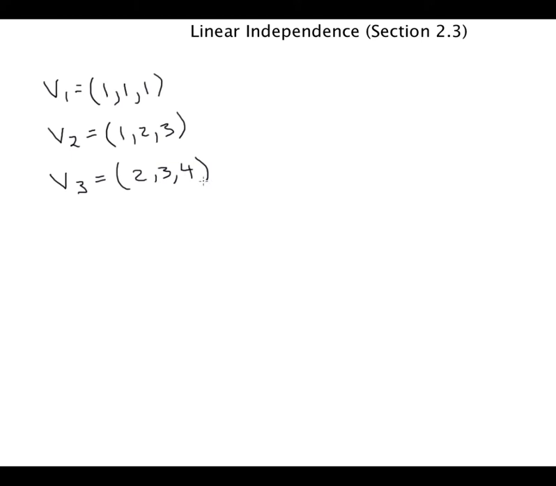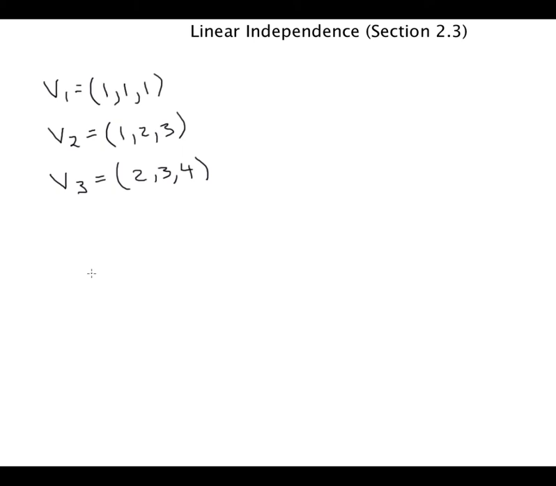Are these linearly independent or not? I'll let you think about that for a minute. Why don't you pause the video and decide, and then come back. It should probably only take you half a second. There we go. It's obvious that these are linearly dependent because v1 plus v2 is equal to v3.